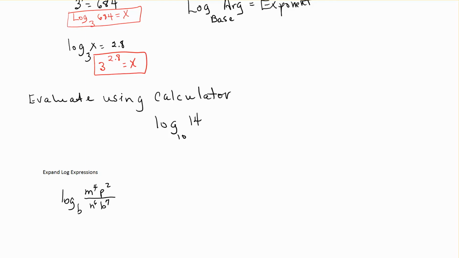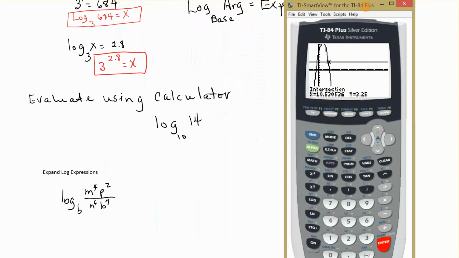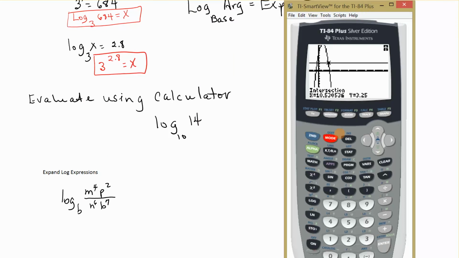Okay, so if you were asked to use common logs in a calculator and to evaluate this, it is easily done on the calculator. So we'll pull that up. You have a LOG button and the base of it is always 10. So if the base is 10, that's easy.